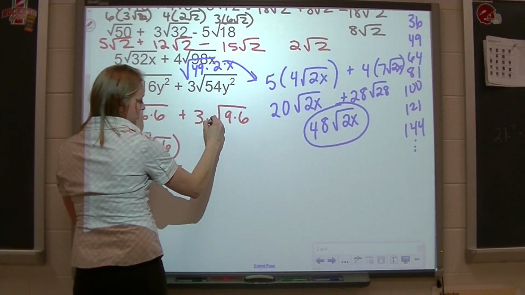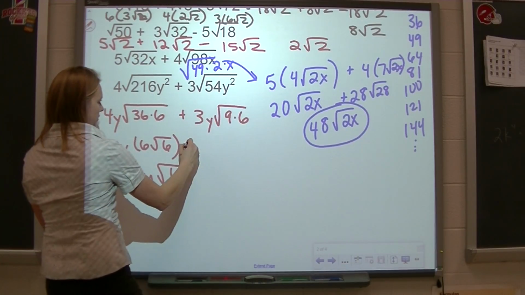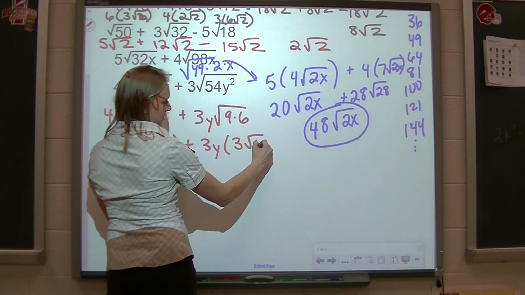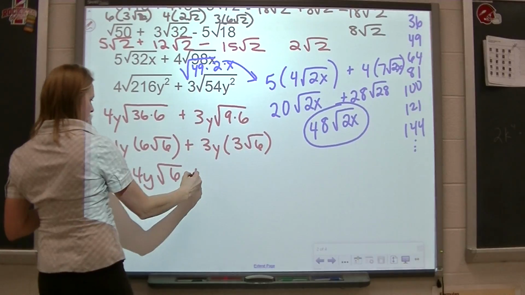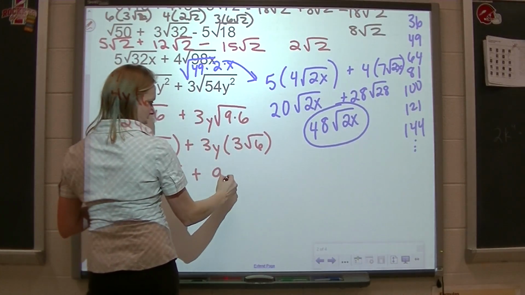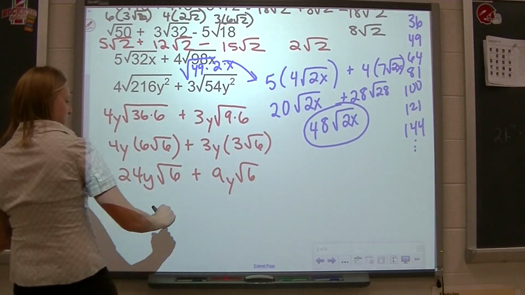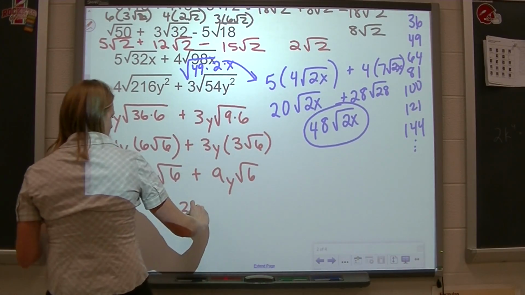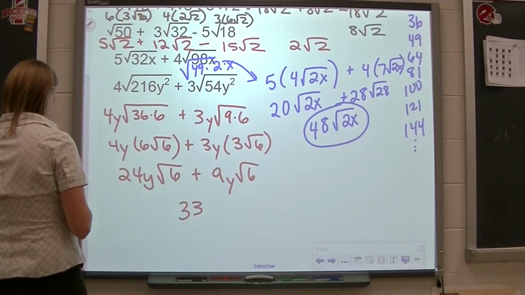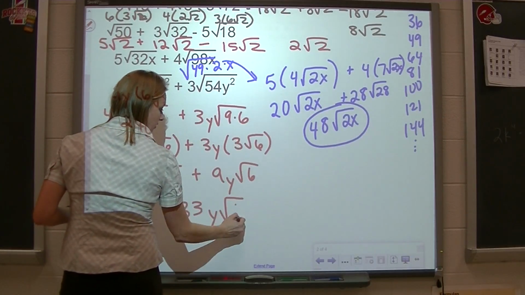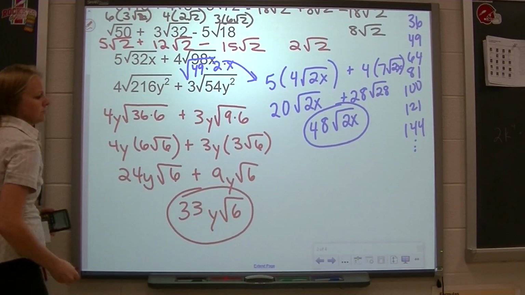Square root of y squared is y. So it's going to be 3y times 3 square root of 6, which is going to be 9y square root of 6. Combining like terms, 24 plus 9 is 33. Right? For some reason that doesn't seem right. It's 33y square root of 6.